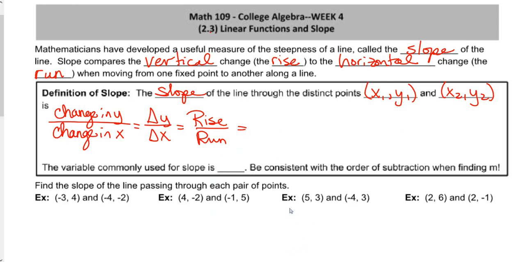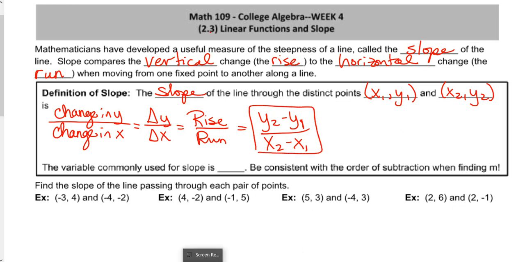And here is the formula. Given any two points, all you're going to do is find the difference in the y's over the difference in the x's. Now notice these are exactly the same, so the order of the points matters. You must stay consistent, okay? Now we do have a condition here where x2 minus x1 is not equal to 0, since that's in the denominator.